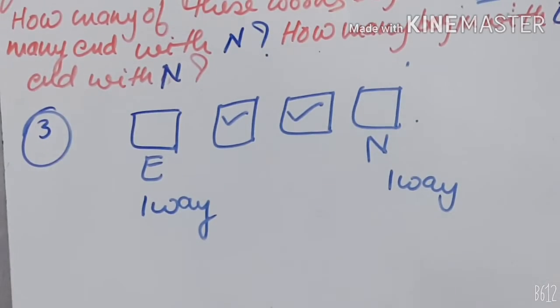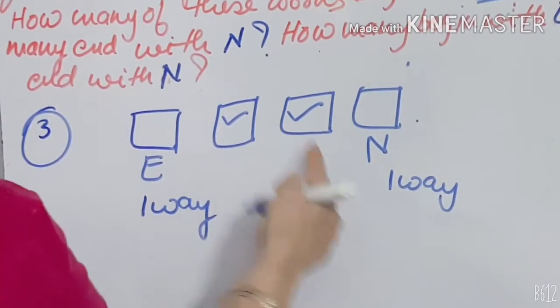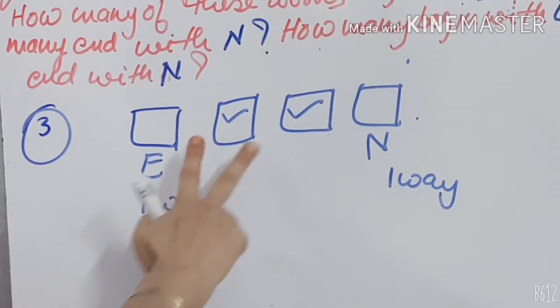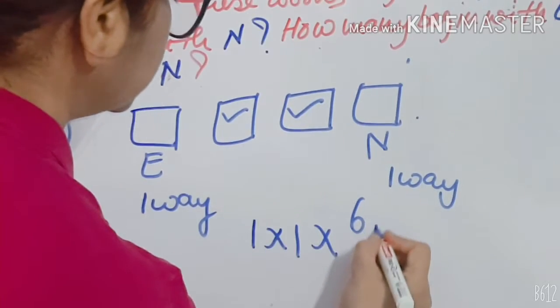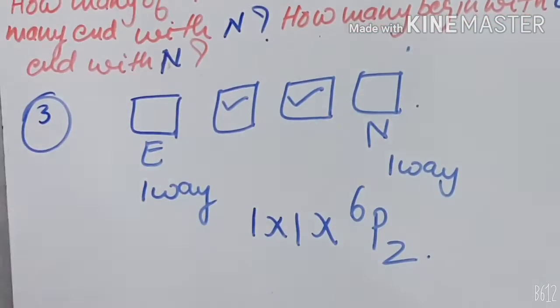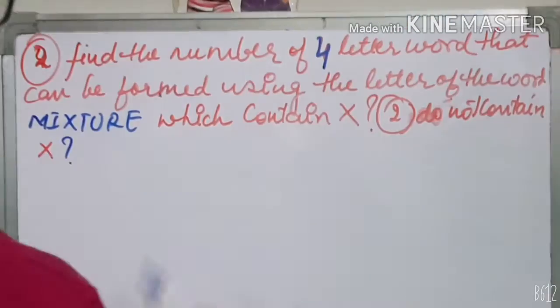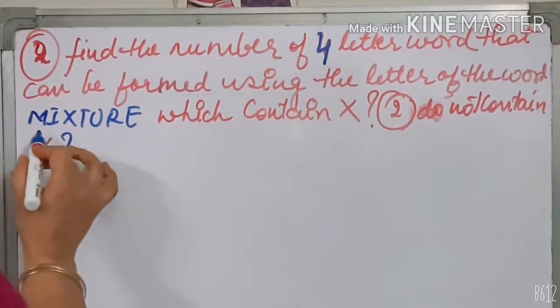How many do we need to fill? 2. From how many? Since 2 are already used from the 8, the remaining are 6 letters in which I need to fill 2. So the answer will be 1 into 1 into 6P2. That becomes your answer.